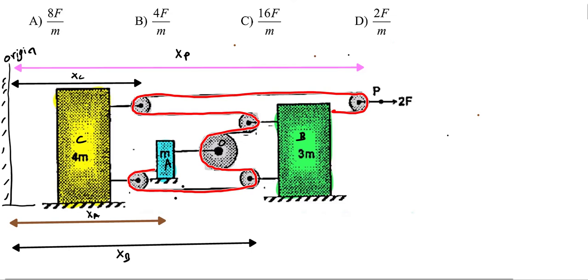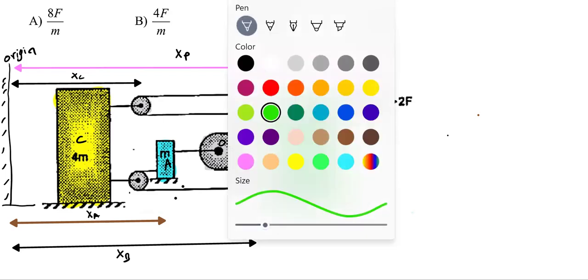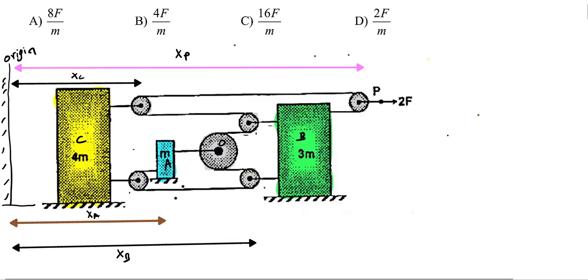Then, the lengths of the string which will not change, we will indicate by a specific color. Let me show it. This length will not change. This length will not change. This length will not change. This length will not change. And this length will not change.